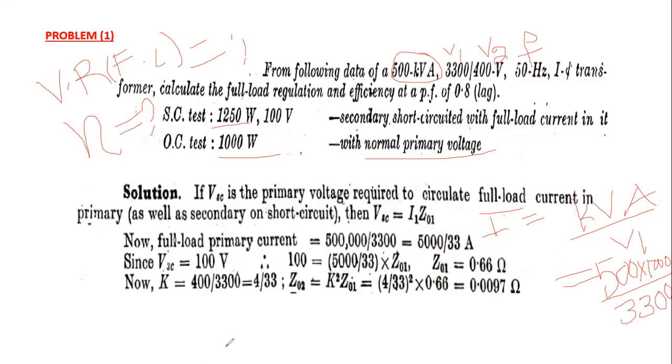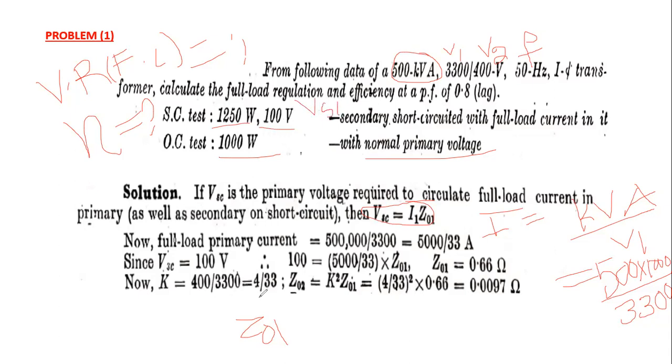Next we calculate Z01. What is meant by Z01? That is the equivalent impedance referred to primary. By using this formula, we calculate Z01. Substitute the VSC value: VSC is equal to 100 volts, the short circuit voltage.